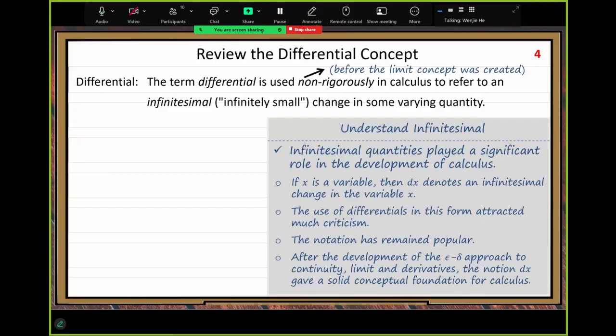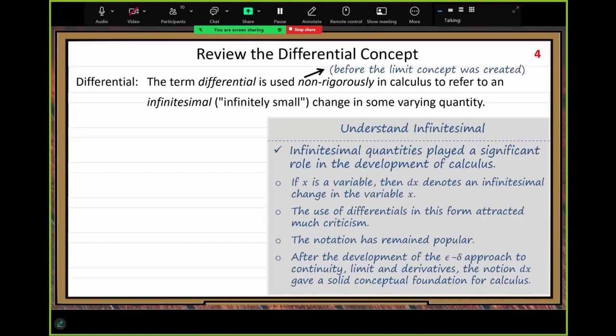After that, when you have the limit concept, continuity concept, and derivative concept, you then use these concepts to describe the differential. Then you get a rigorous foundation, because you never need to use the infinitesimal concept.